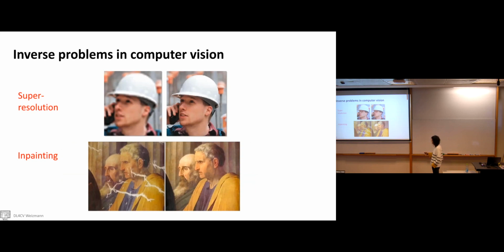In super resolution, you get a low resolution image and you would like to get a high resolution image such that the edges are sharp and you don't have blurry regions, like what you see here. In inpainting, you have a missing part, and the idea is to fill in the missing part in the degraded image. Those are degraded images, and these are the outputs that you're supposed to produce.